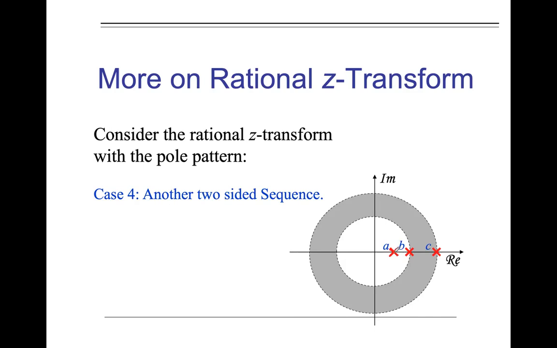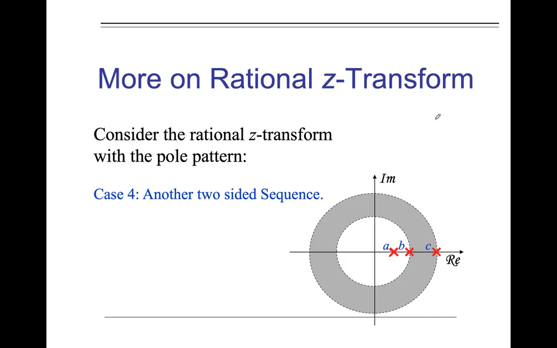So if I'm given these 3 poles and I ask you how many different ROCs can be found, you will say there are 4 different options.